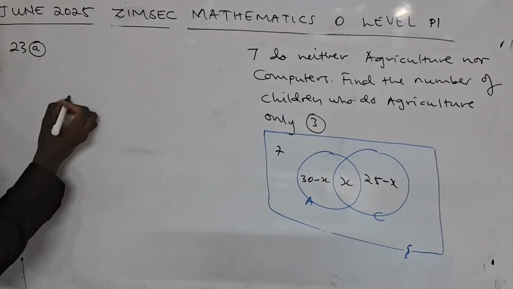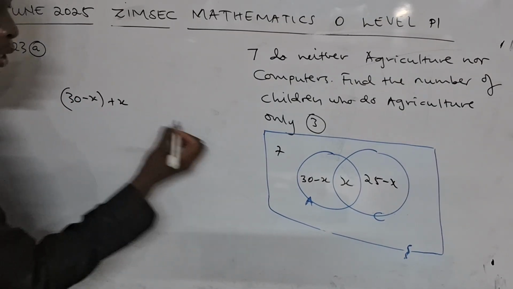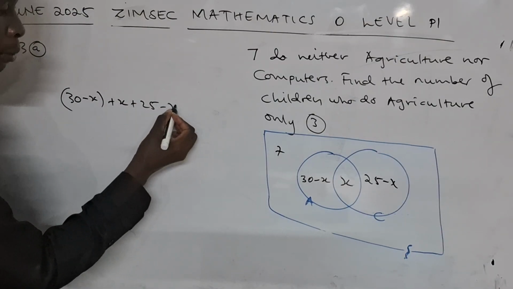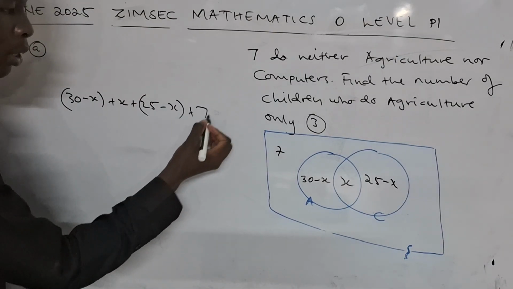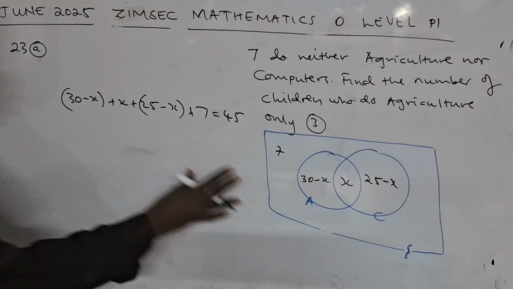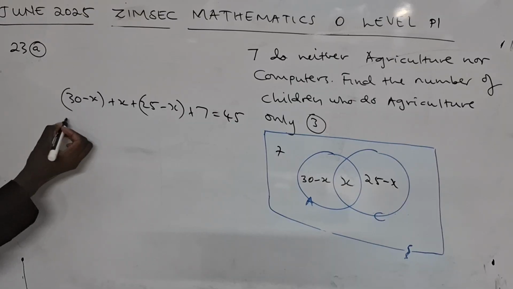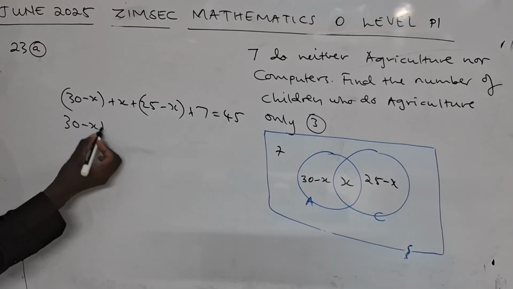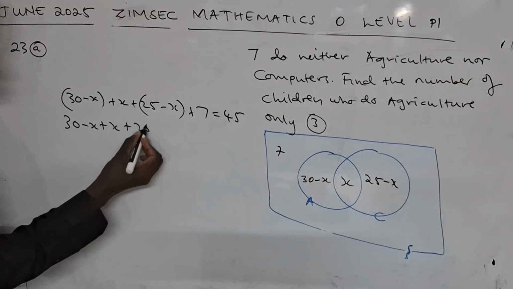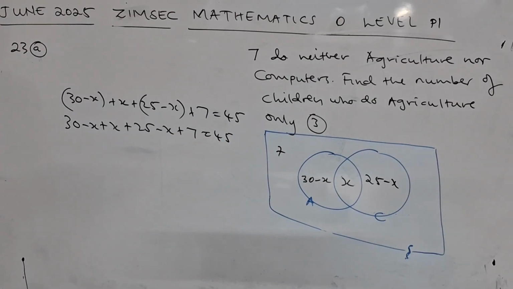So if you say 30 minus X plus 25 minus X plus 7, you are supposed to get 45. 45 students are there, so if you add all the students, you are supposed to get 45. Now, 30 minus X plus 25 minus X plus 7 is equal to 45.